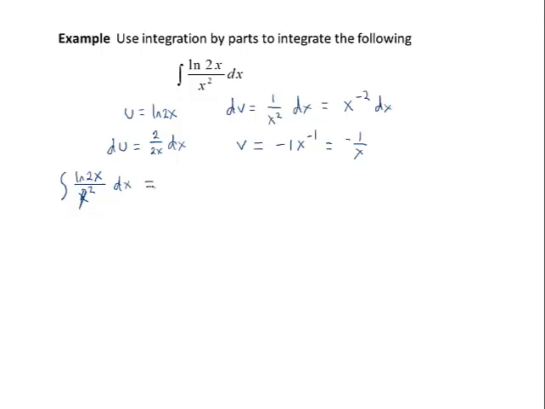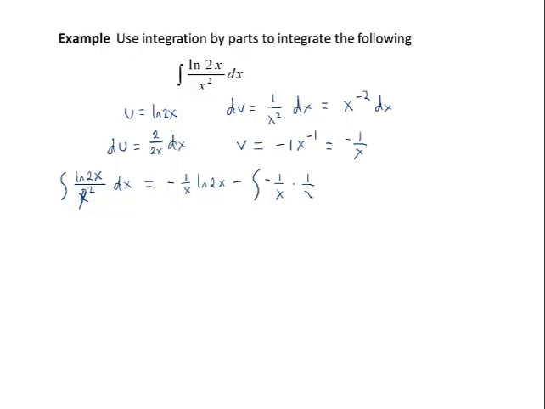And then I write down the result of integration by parts. We know integration by parts is u times v. So I'm going to write that as negative 1 over x times the natural log of 2x, minus the integral of v, which is negative 1 over x, times du.